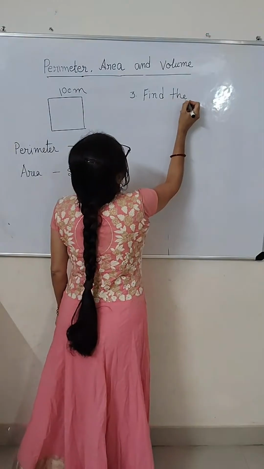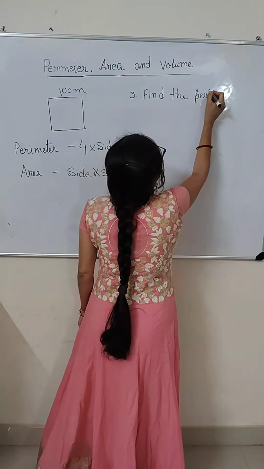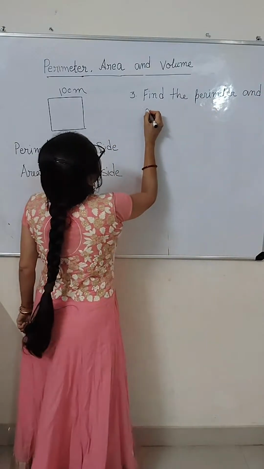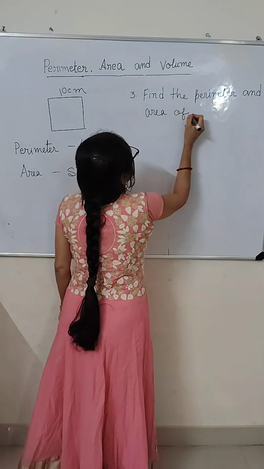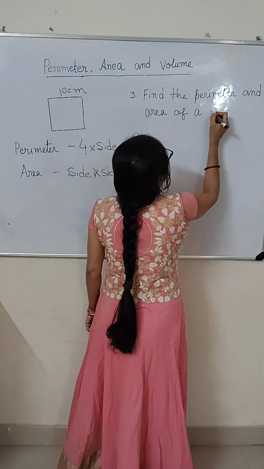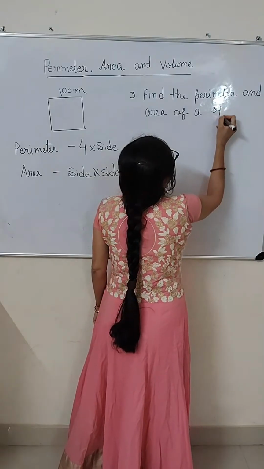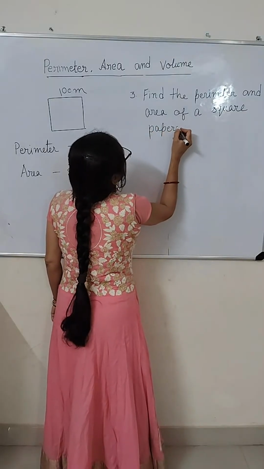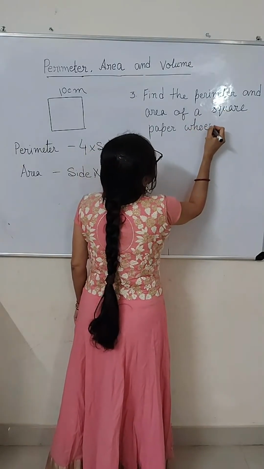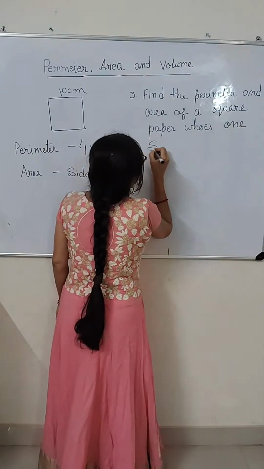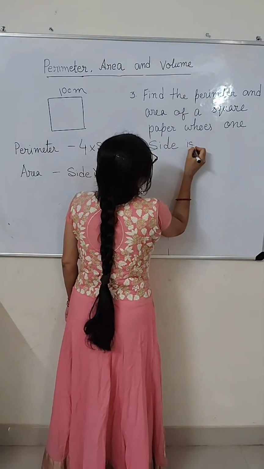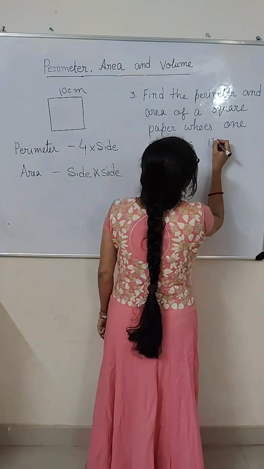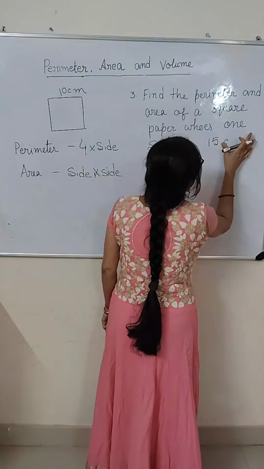Find the perimeter and area of a square paper whose one side is 15 meter.